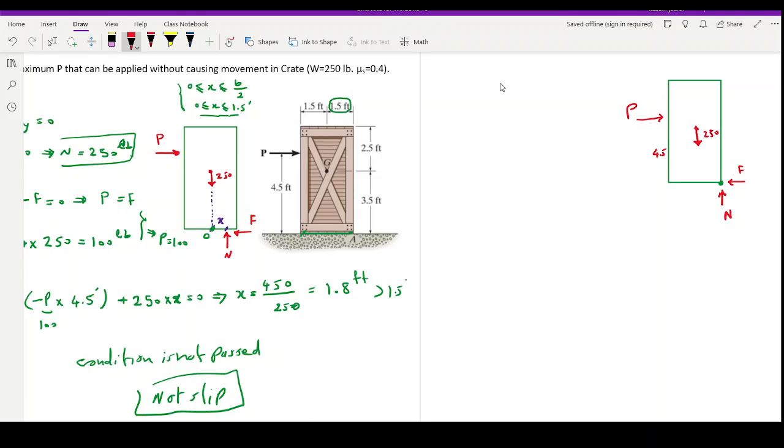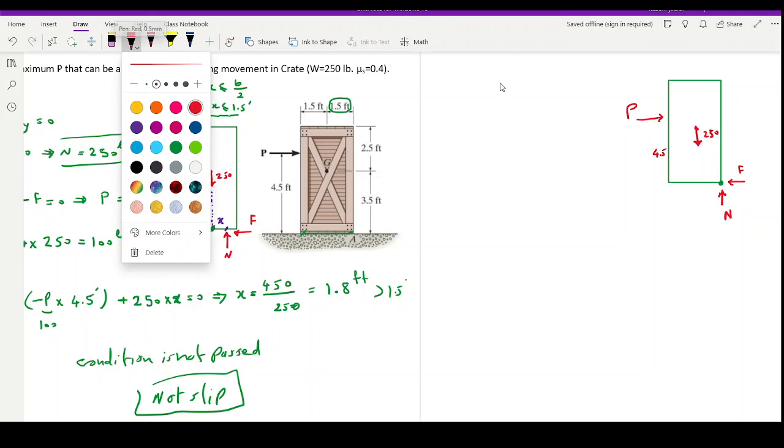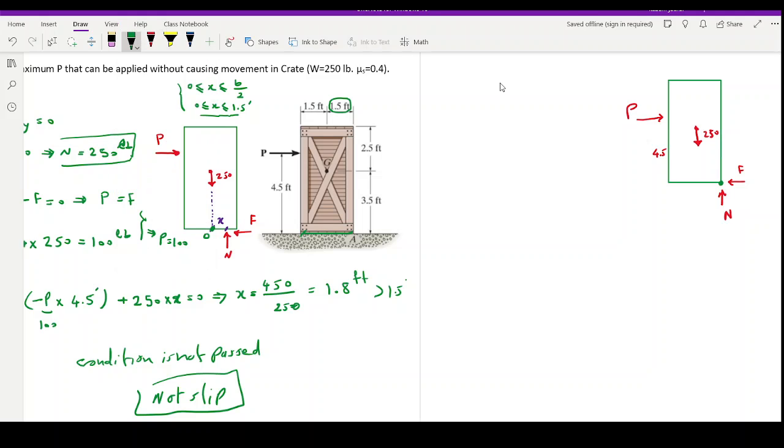Again, we are going to use equations of equilibrium to find some of the unknowns, but this time we don't know whether friction is exactly mu times N or not, because we're assuming that it's going to tip over. So we don't know whether F is equal to mu N or not. We will check it.